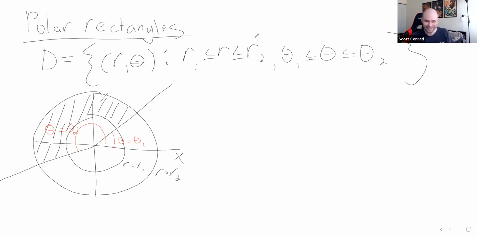Sorry, kind of hard to see what I did there, but does everyone see what that region is? I'm not going to sketch it by itself, sorry, I'm just going to be more confusing. Any questions about how this works? This is what polar rectangles look like.